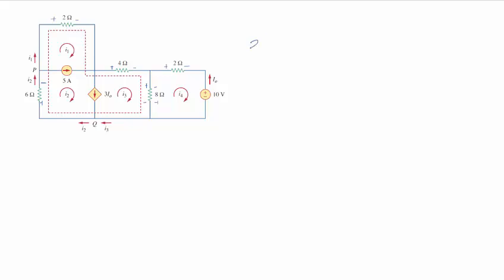I'm going to start right here. 2I1 plus 4I3 plus 8I3 minus I4 plus 6I2 equals 0. That looks good. I can simplify that down a little bit, so I get I1 plus 3I2 plus 6I3.